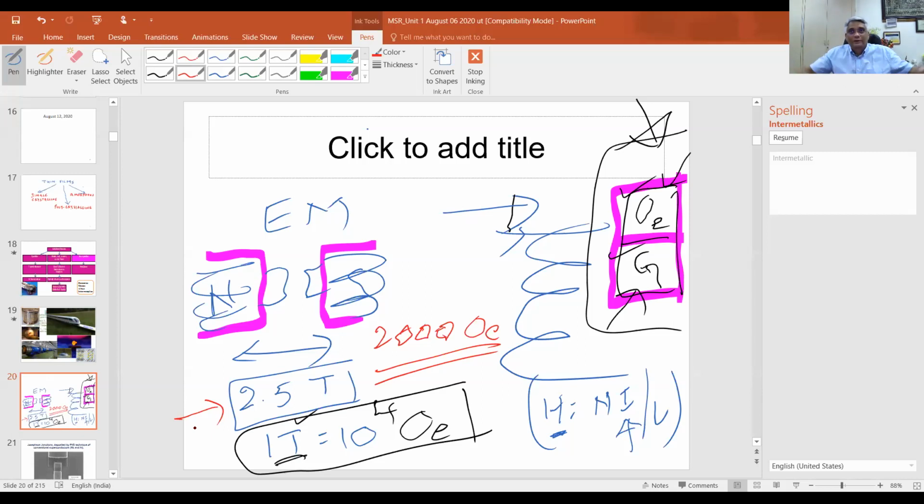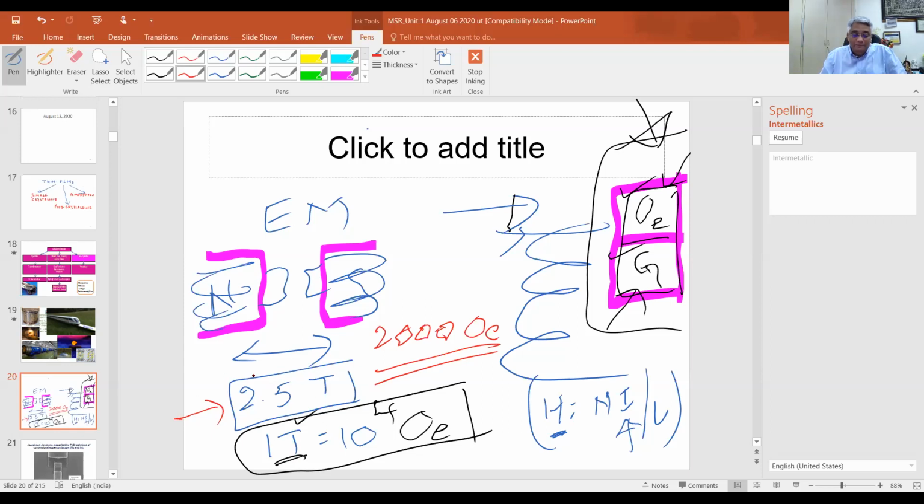So you need to take that heat off. These electromagnets with these huge coils also have water circulation to continuously take the heat away. Otherwise, the whole coil assembly can get burnt.